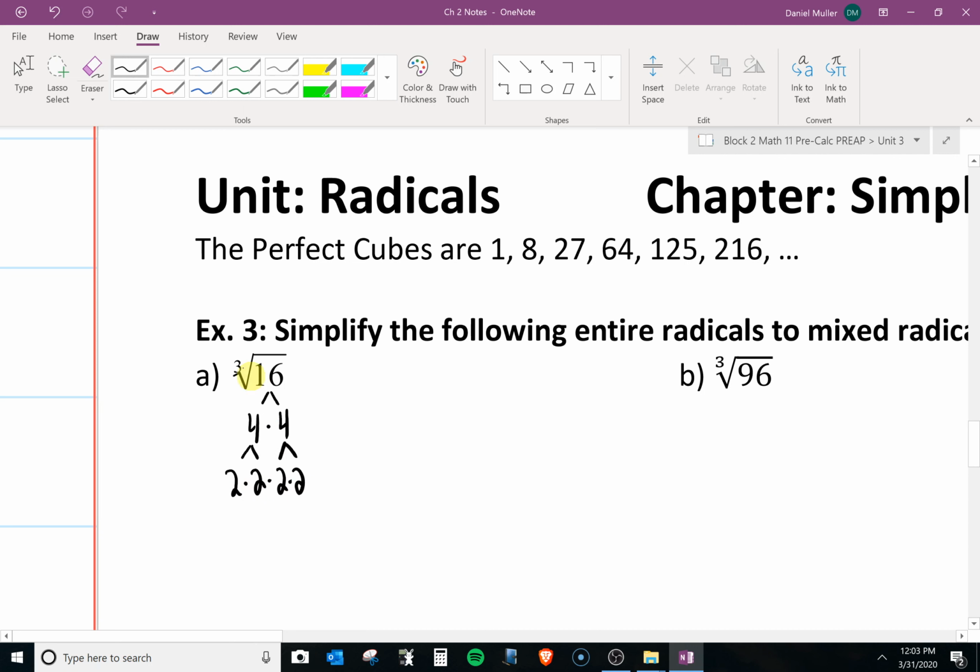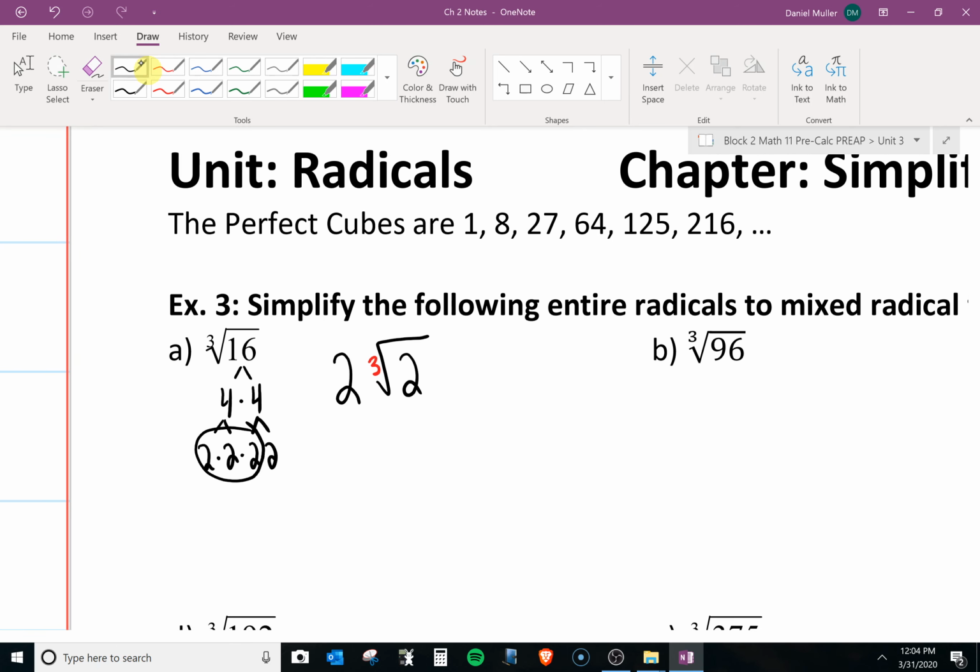And so now, because it's a cube root, we're looking for perfect cubes, so we're looking for groups of 3. There's a group of 3 there, so there's 2. And then there's a leftover on the inside, which is a 2. And because of the cube root, you can't forget we're going to have to add that little 3.